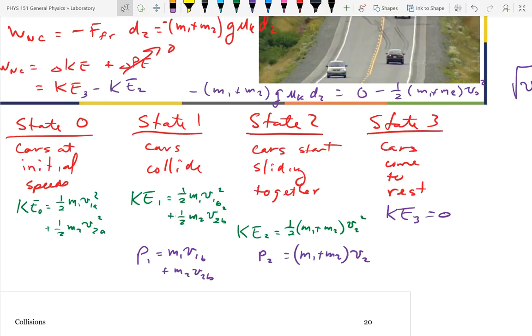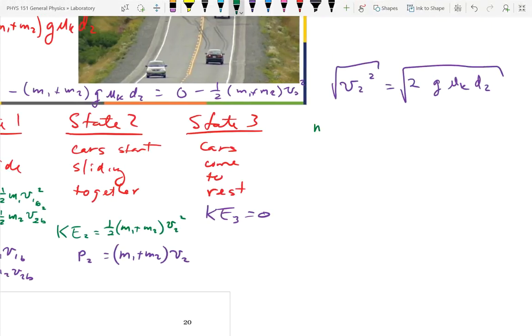It's during the collision. What condition do we have during the collision? The answer is during the collision, because the collision is very short and the force between the two colliding cars is very large compared to the force of friction, we can treat it as momentum is conserved.